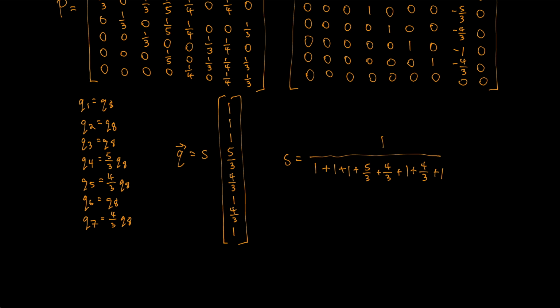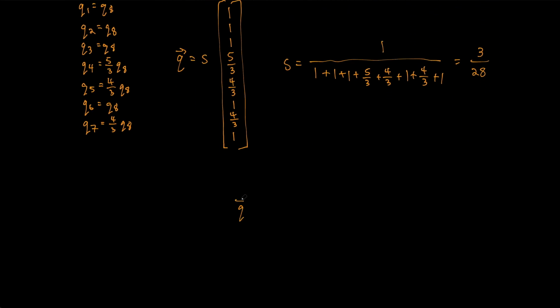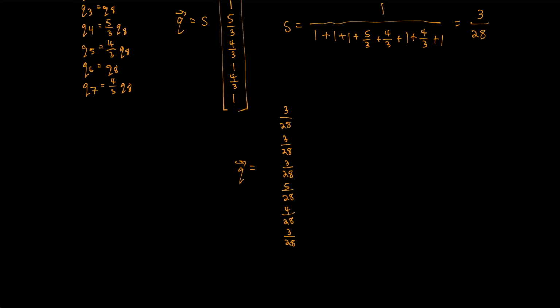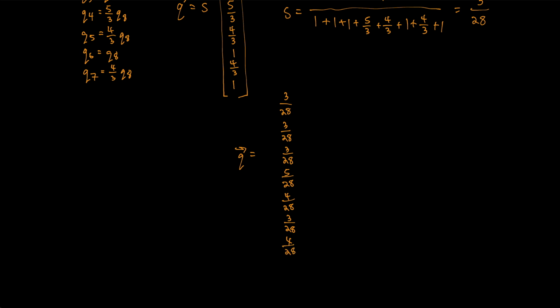Put them underneath 1, and we get 3/28. So that makes our vector Q equal to 3/28, 3/28, 3/28, 5/28, 4/28, 3/28, 4/28, 3/28.